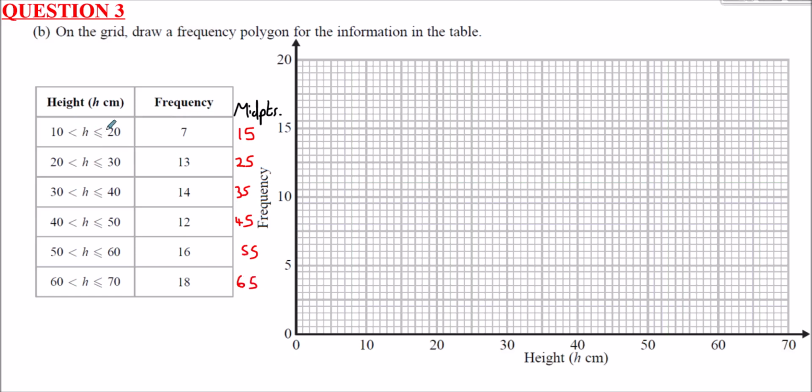So the first point we plot is we go along to 15, because that's the midpoint, and then up to 7. So 15 and up to 7 would be here. Then we go along to 25 and up to 13, so that's going to be this point here.